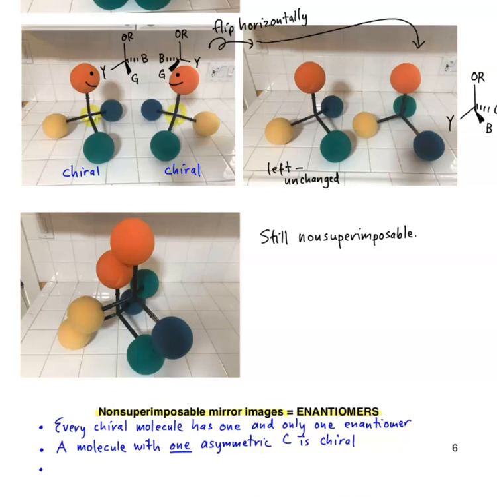Now what if you have structures that have more than one asymmetric carbon? A molecule that has more than one asymmetric carbon may or may not be chiral.